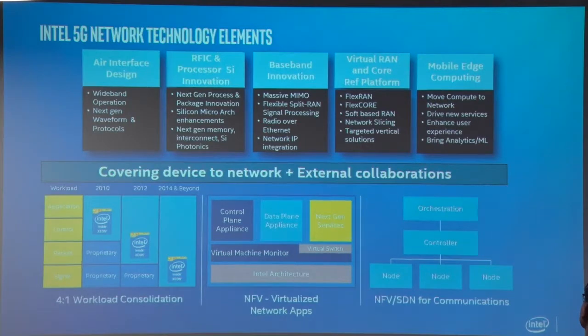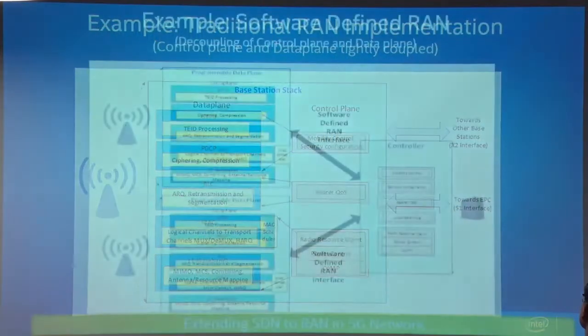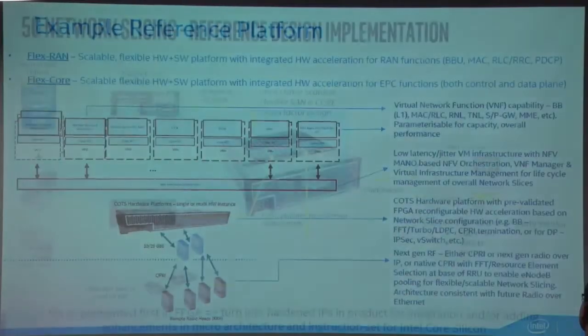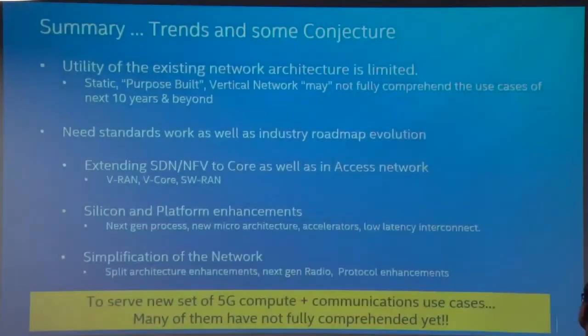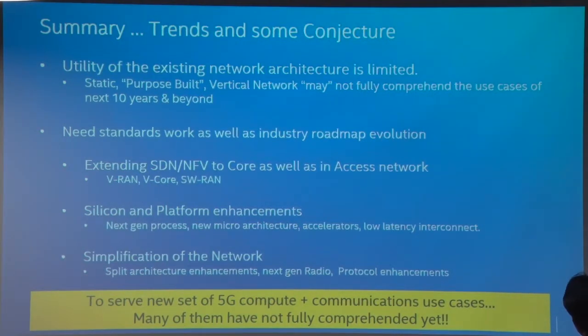So I was reminded I'm out of time, but quickly I would want to summarize with something like this. So far the networks have been built in a very vertical fashion, and they have been very static and purpose built. And we don't think that it fully comprehends the use cases that are going to come in the next few years down the road.